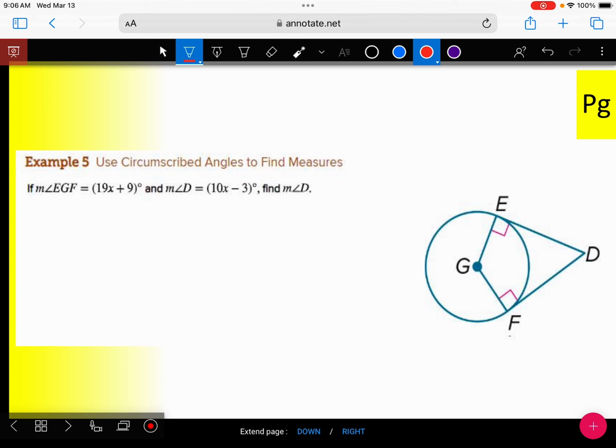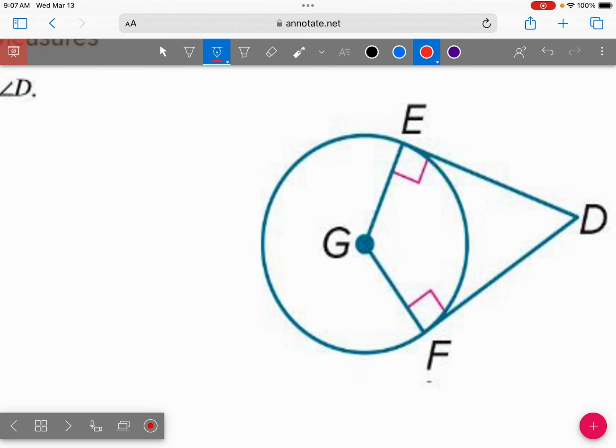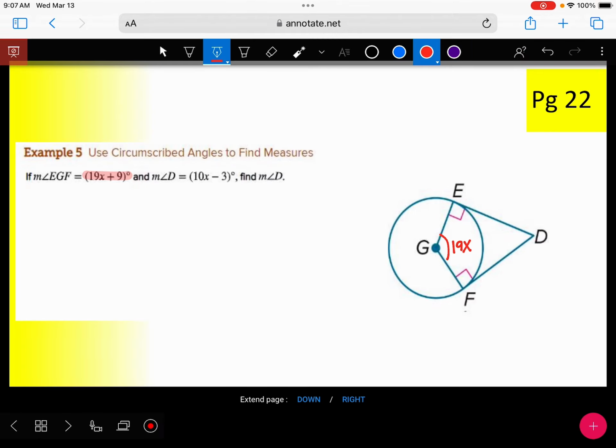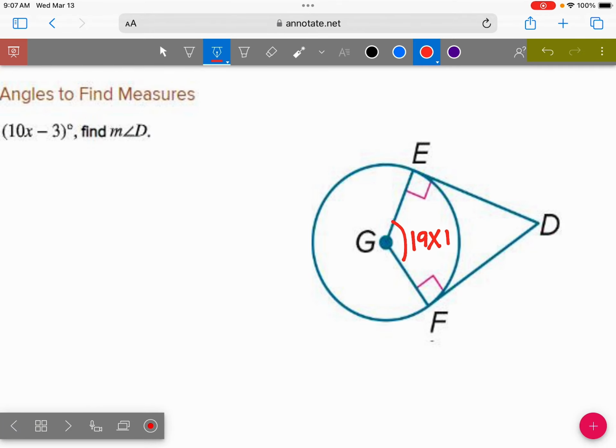This says angle EGF, so that angle goes right here. Let me go ahead and zoom in. This 19x plus 9 is this angle.